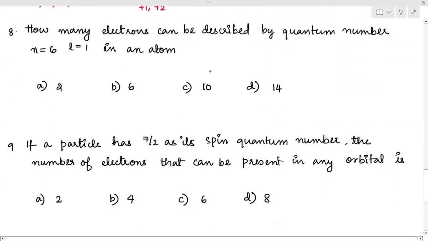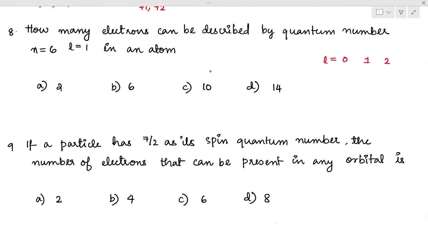Next question, very easy question. How many electrons can be described by quantum number n equal to 6, L is equal to 1? Now we know L is equal to 0, 1, 2, 3 corresponds to S, P, D, F. If L is equal to 1, it corresponds to P subshell.